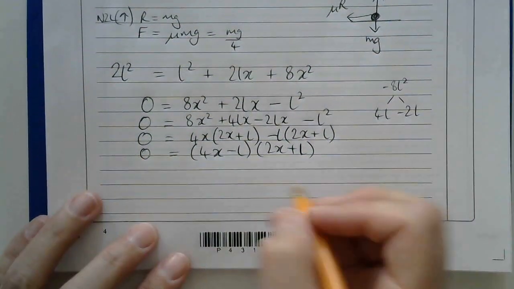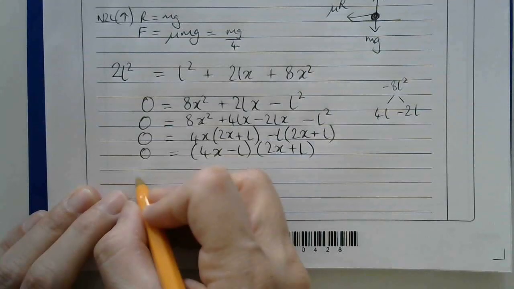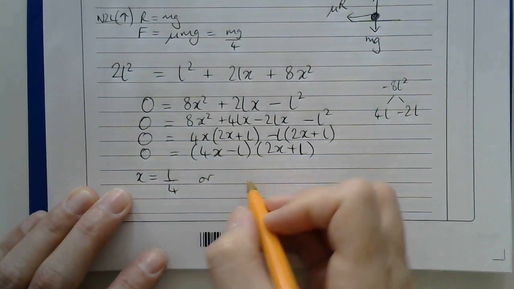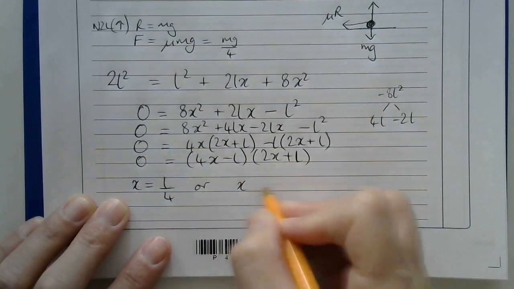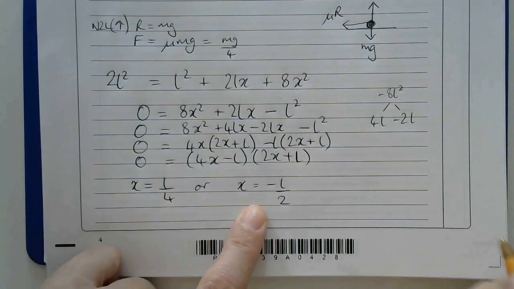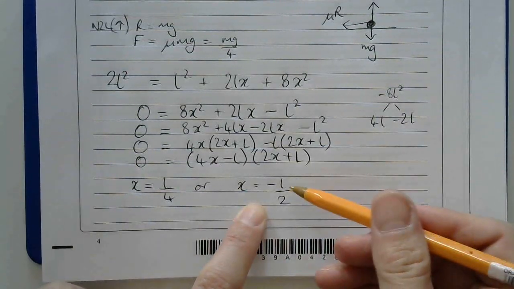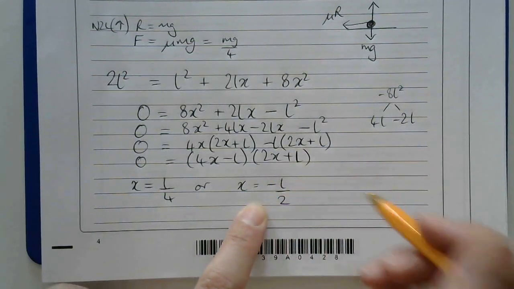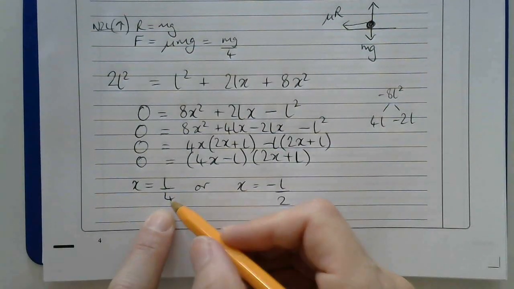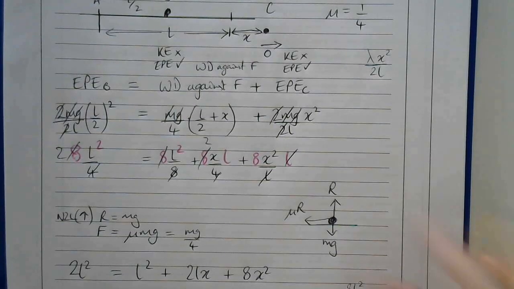Okay, and so from that I can see that x will be L over 4, or x will be negative L over 2, which is actually the initial position. Okay, so I can see that x is L over 4. So what was the question actually asking me?